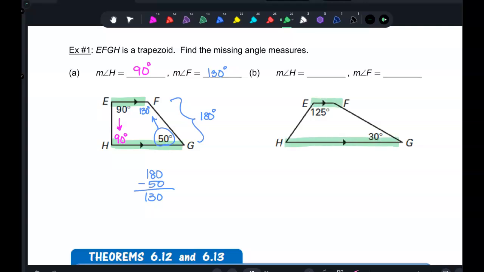Here, EF and HG are parallel. So that's going to make these two add up to 180. So if we have this is 125, 180 minus 125 is 55.